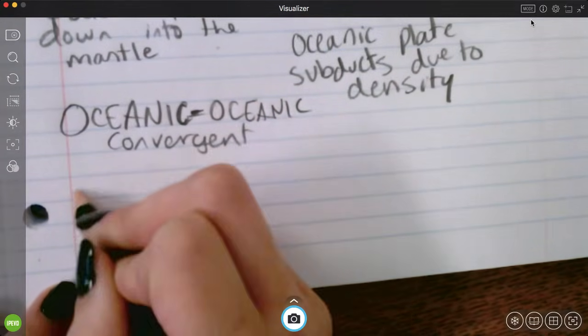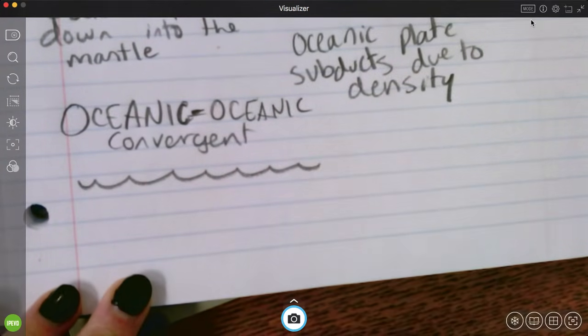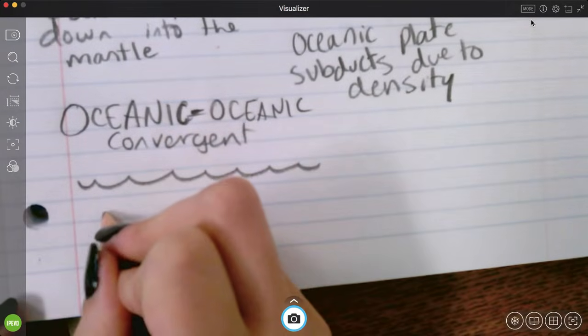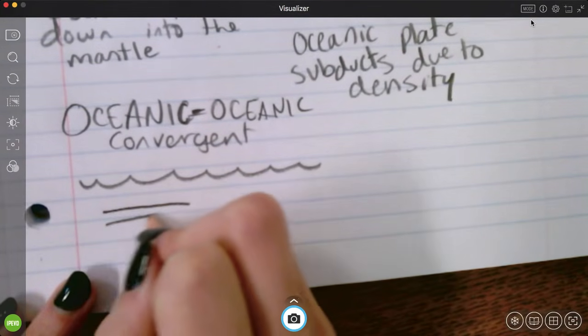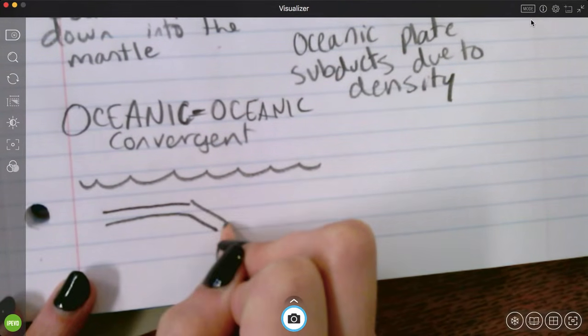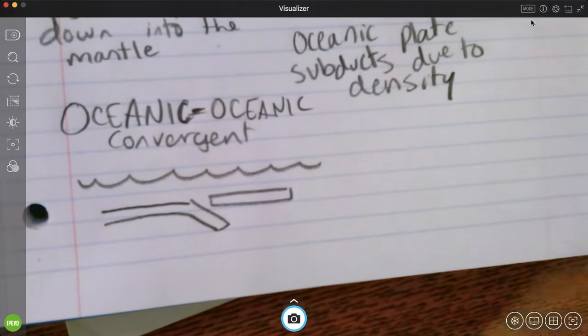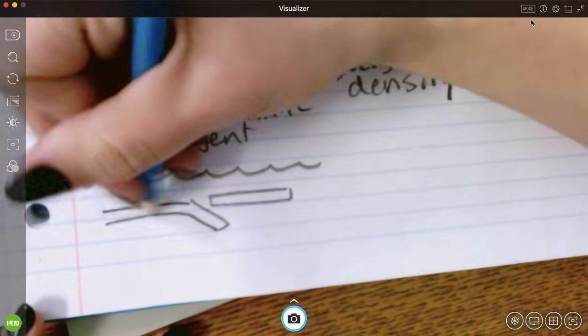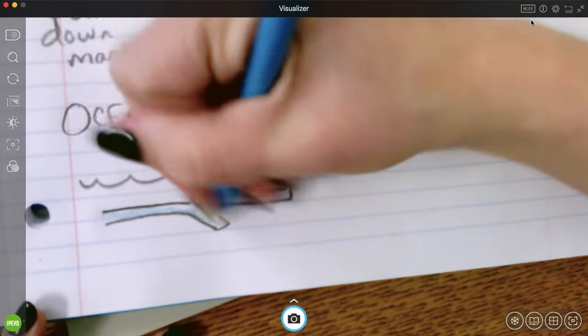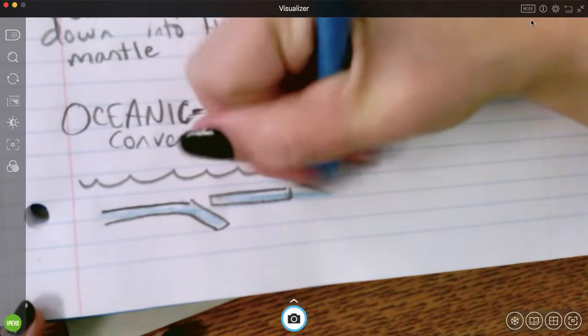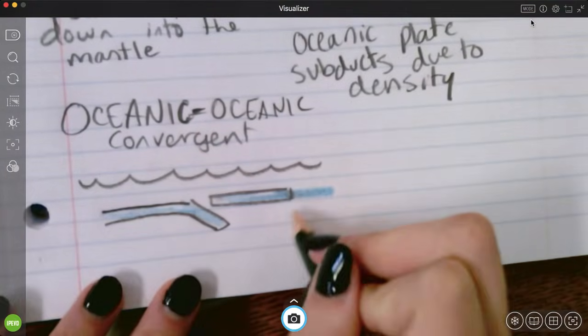So what I'm going to draw here, I'm going to draw my water. I'm going to draw my two plates. One is going to subduct under the other one. Again, it's whichever one is denser. And the same thing is essentially going to happen that happened in the continental oceanic boundary.